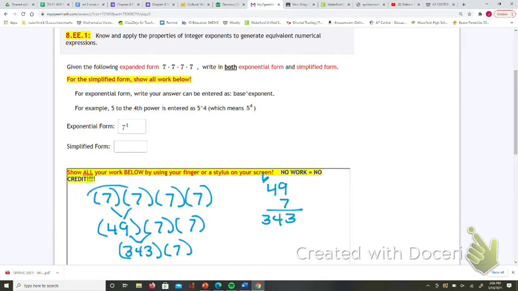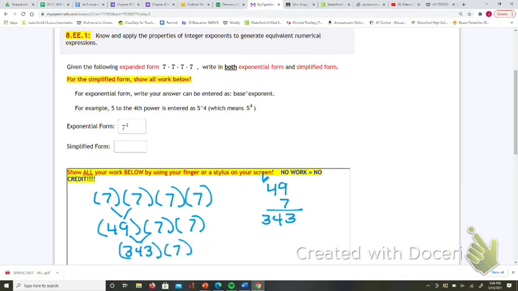We multiplied the first two sevens and we got 49. Then we had 49 times 7 times 7 because we still had two sevens left over. Then we did 49 times 7 and we got 343. So now we have 343 times 7.